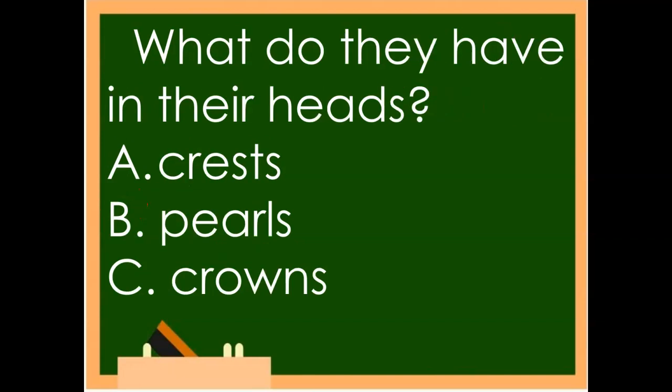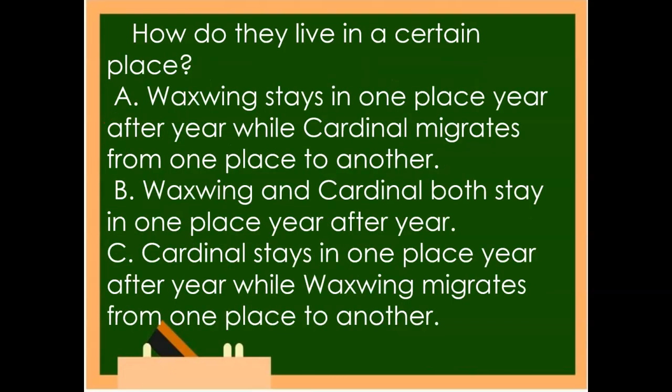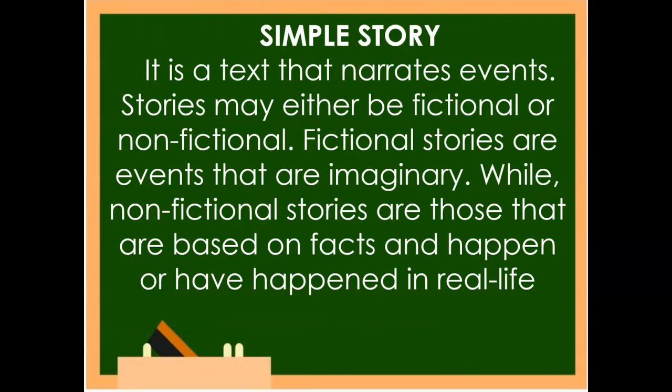What do they have on their heads? They have crests. Based on the selection, how do they differ in terms of color? Male cardinal is bright red, while waxwing is brown. How do they live in a certain place? Cardinal stays in one place year after year, while waxwing migrates from one place to another.